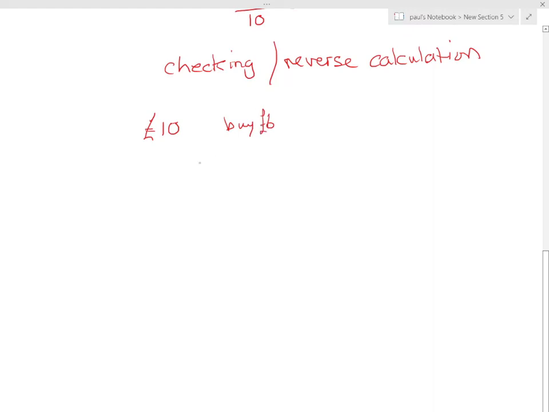Yeah, you'd expect to do 10 take away 6 equals £4, and there is your change. Now obviously the calculations you get are going to be much more complicated than this, but this will be almost your final line. You've done something or other and you've come up with an answer, and sometimes you get an extra point for a check.